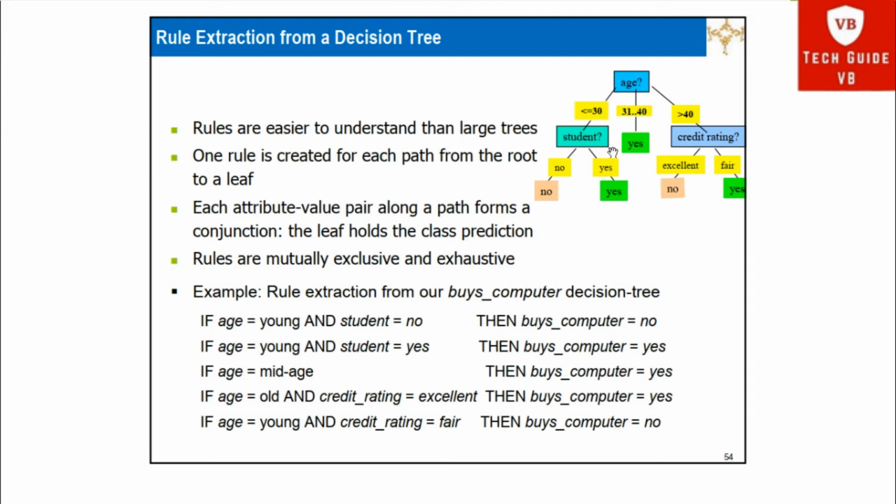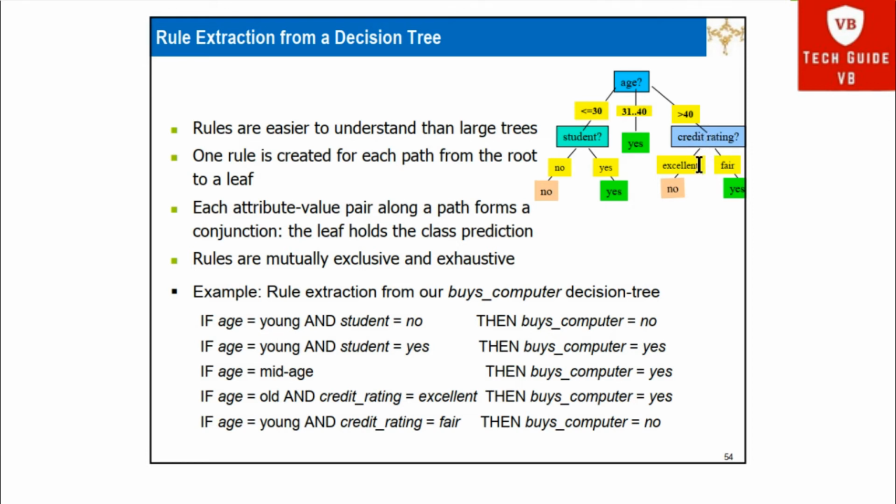If the age is less than or equal to 30 and he is not a student, he will not buy a computer, and if he is a student, then he will buy a computer. If the age is 31 to 40, he will surely buy a computer. And if the age is greater than 40, then it depends on the credit rating.